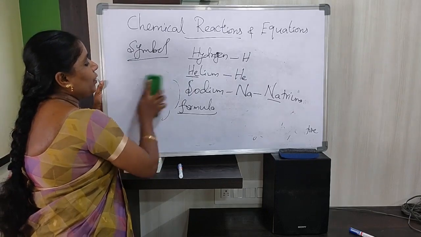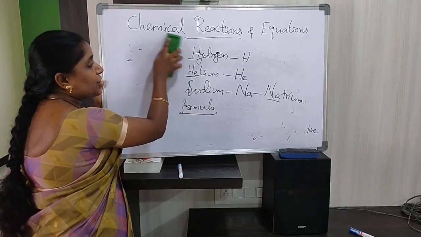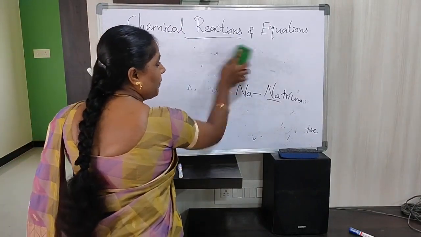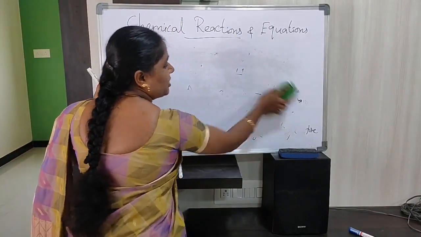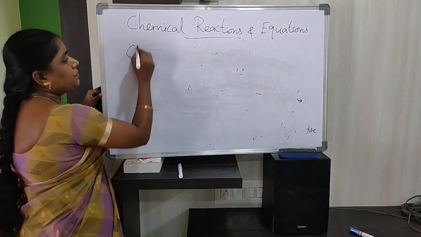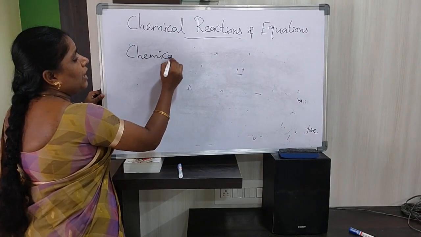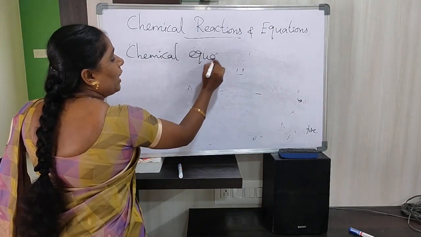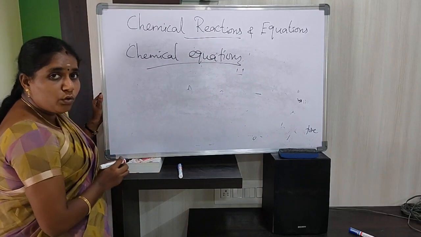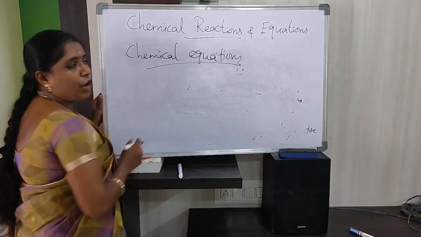So what is a chemical equation? Chemical equations are nothing but a short way of representing chemical reactions by using symbols and formulas.